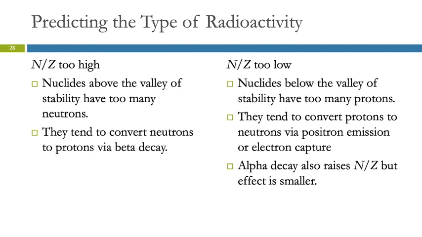If N to Z is too low, that means the nuclides have too many protons. So then they will tend to convert protons to neutrons via positron emission or by electron capture. Alpha decay also raises the N to Z ratio, but the effect is not as great, so it's not as significant.